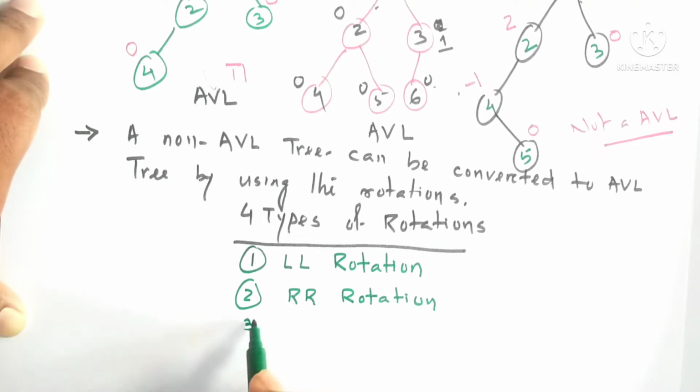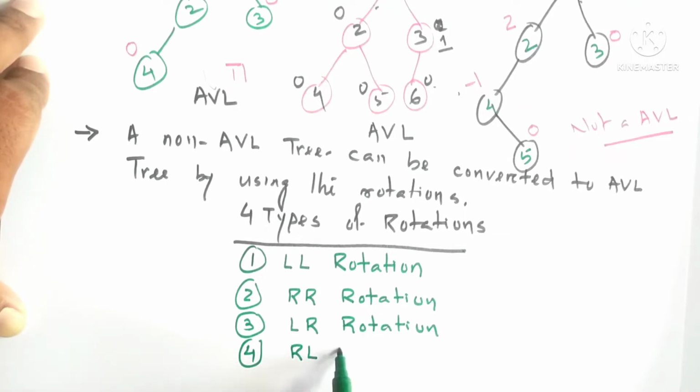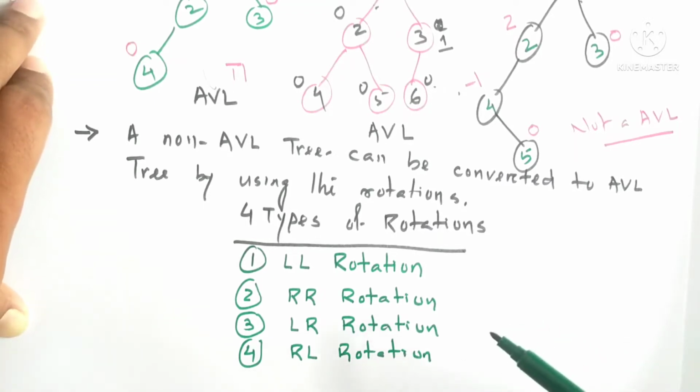The third type is called LR rotation. And the fourth type is called RL rotation. Let's move on to the discussion of each type of rotation.